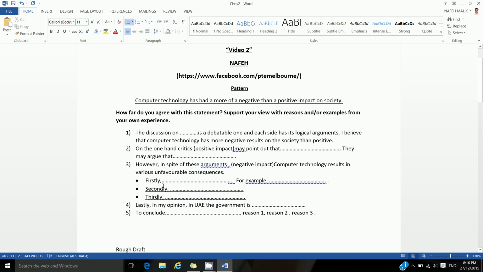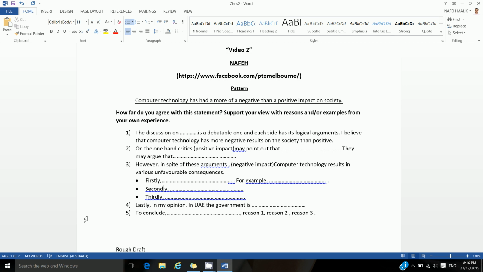And then, on the fourth paragraph, you have lastly, comma, in my opinion. So you always put your opinion, and that is always asked and required in the PTE exam, that you have to write your own opinion. It might be your personal opinion, or it might be any idea that you have read in a newspaper, an article, or magazine, whatever, and then you mention that opinion in the essay.